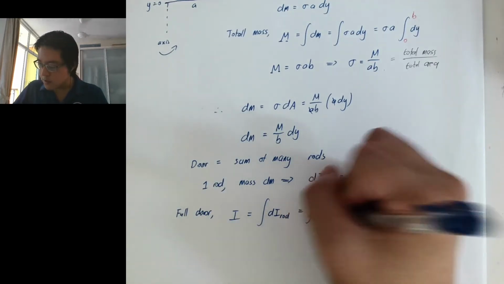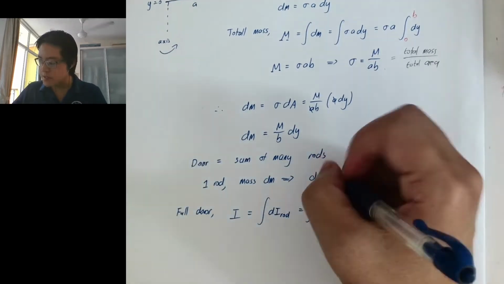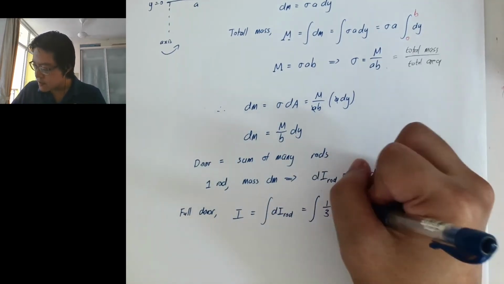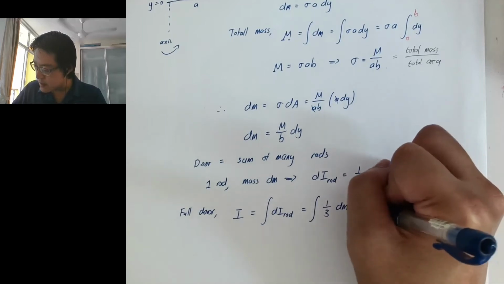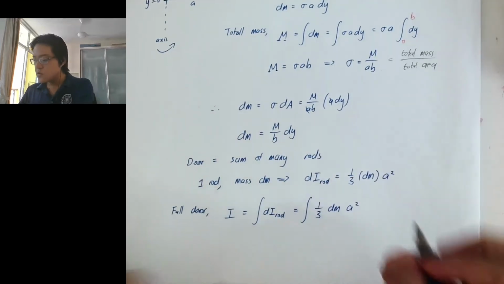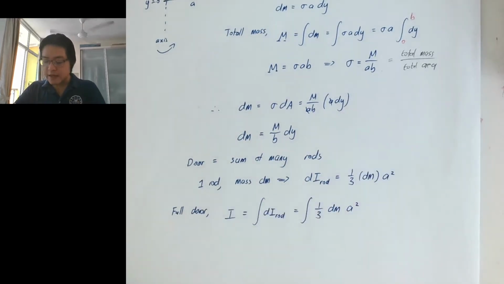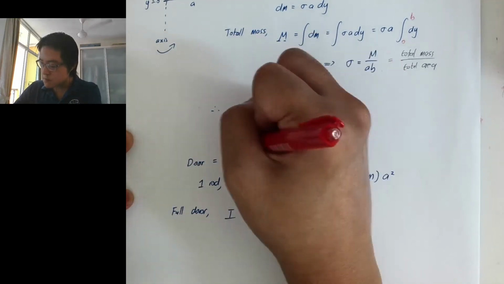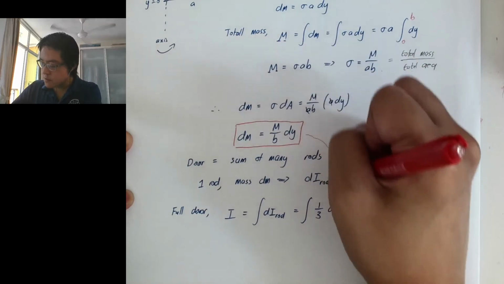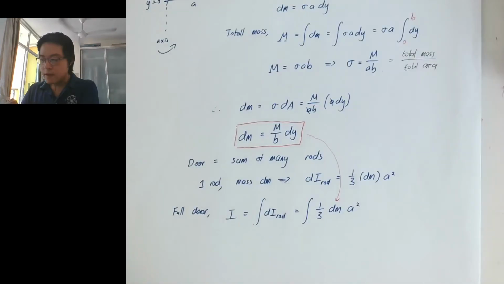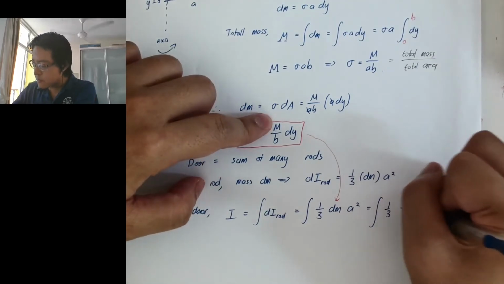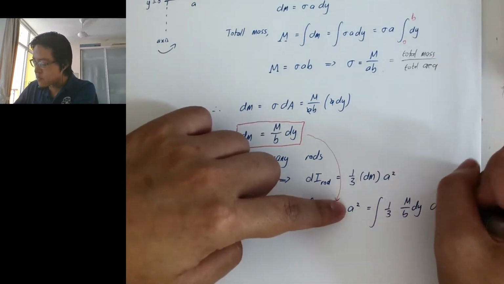So that means I just need to integrate this. I rod is given by this expression: 1/3 dm, and then a squared. The dm expression we have already found, which is over here. So put it here. Then what we have is the integral of 1/3 and then m over b dy, and then there's a squared at the back, don't forget.